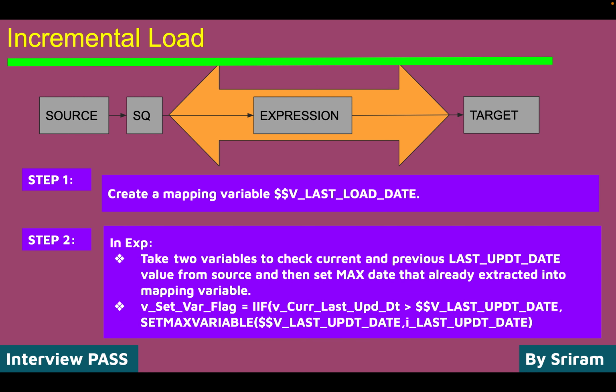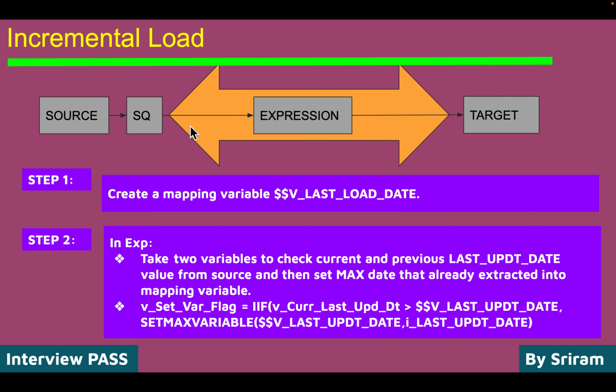In the expression, I will take two variables to check the current and previous last update dates, and I'll update this particular variable with the max date among those. Say for example, we set the variable flag to: if the current last update date is greater than the last update date that we already have, that means the current data coming from the source is greater than whatever we already have in this variable, then we set the max variable into last update date.